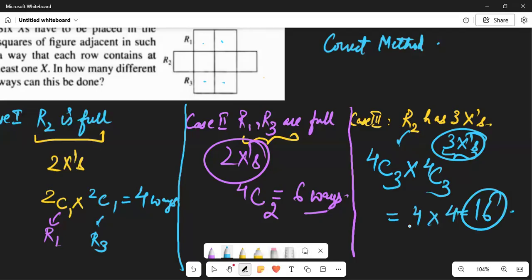Okay, and one more thing. Here you chose the 3 positions from R1 and R3. You had 4 positions and you chose 3 positions for your case 3.